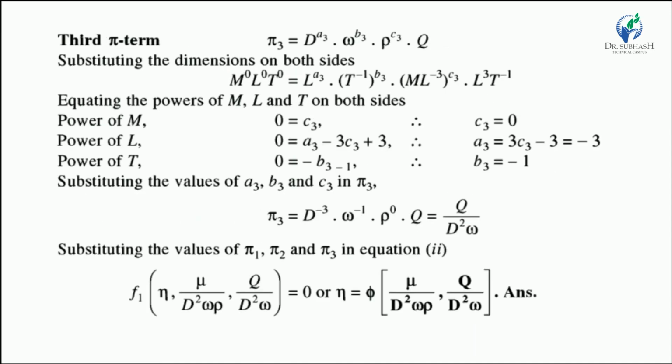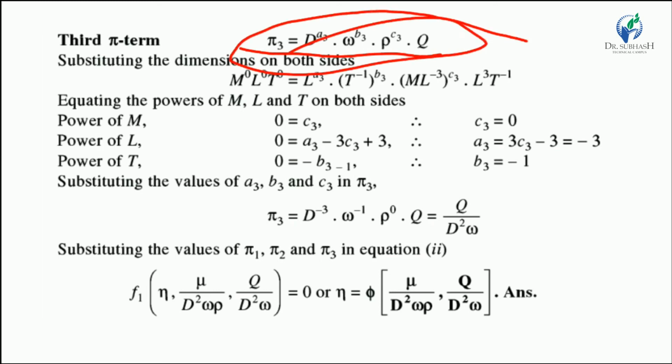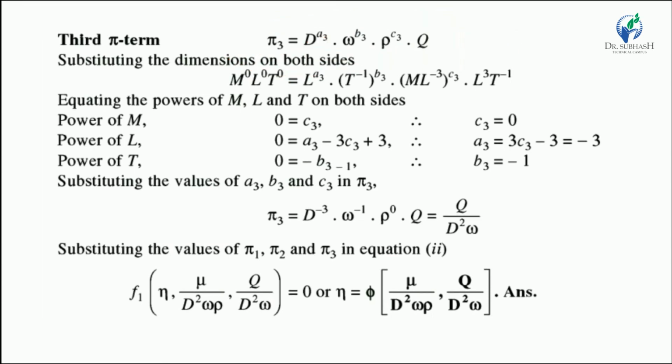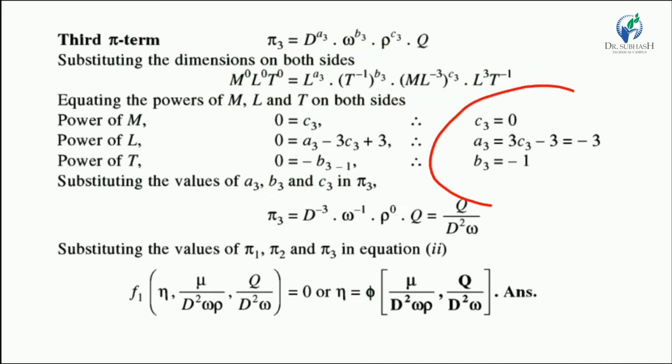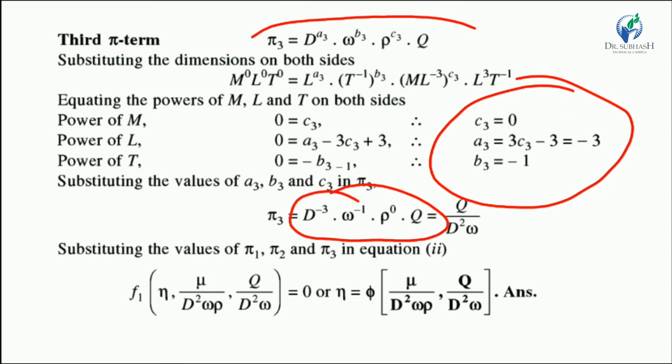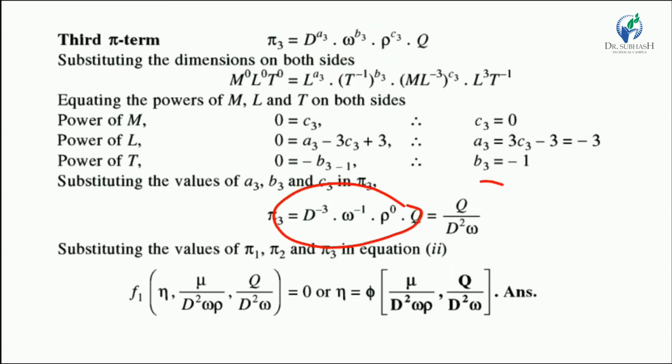Similarly for the pi 3 term, write the pi 3 term variables in MLT form, compare the MLT on the left and right side, and find the values of arbitrary powers A3, B3 and C3. Write the values of A3, B3, C3 in the pi 3 term equation and according to power rearrange the variables: Q upon d square into omega.